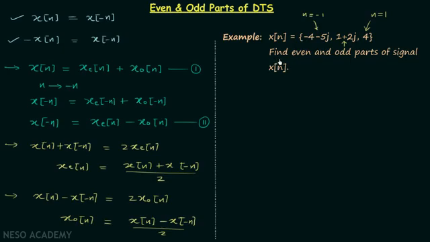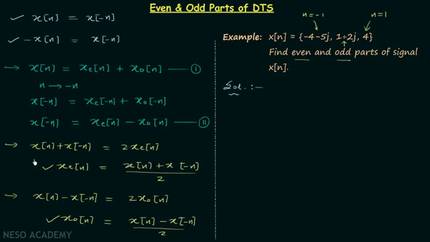And we are required to find the even and odd parts of signal x[n]. This means we need to find xe[n] and xo[n]. So let's move on to the solution of the given example.